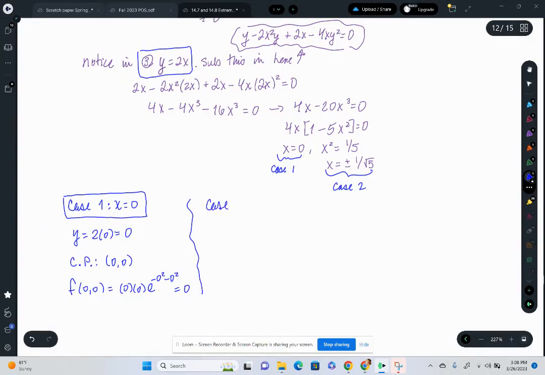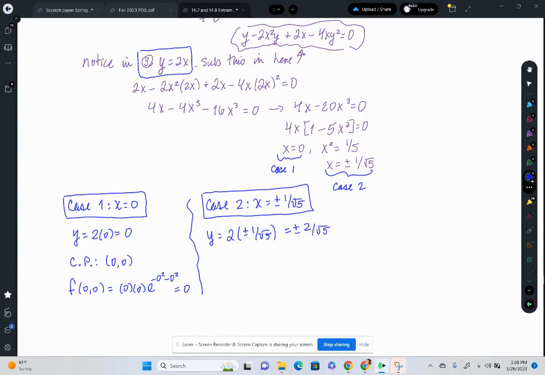Let's look at case 2. This is the case where x is equal to plus or minus 1 over root 5. In that case, y will equal 2 times plus or minus 1 over root 5, which is plus or minus 2 over the square root of 5. So x and y have identical signs.